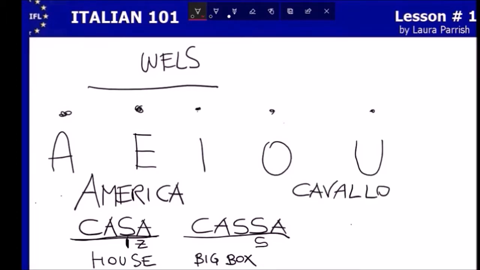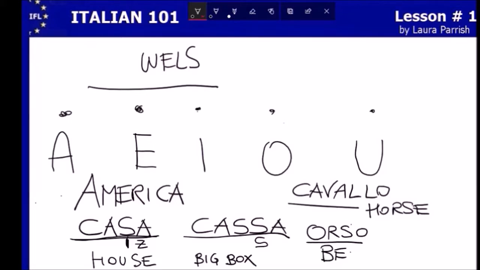This is a horse. That is quite confusing sometimes because, for example, orso in Italian doesn't mean horse, even if it sounds very similar. The word orso in Italian means bear, like a teddy bear.